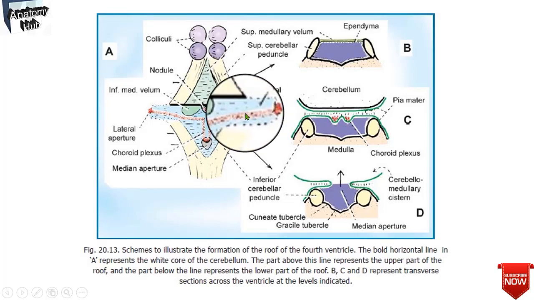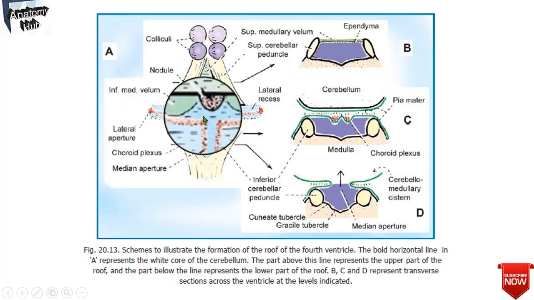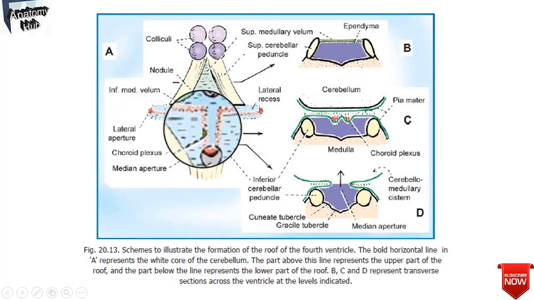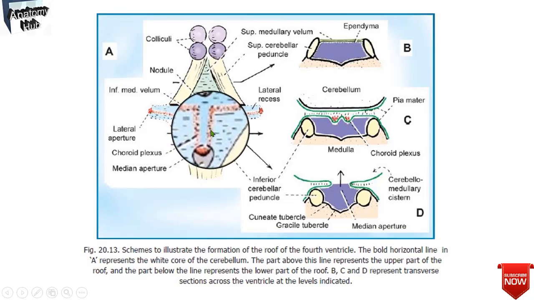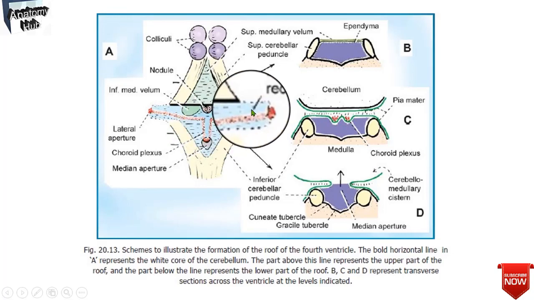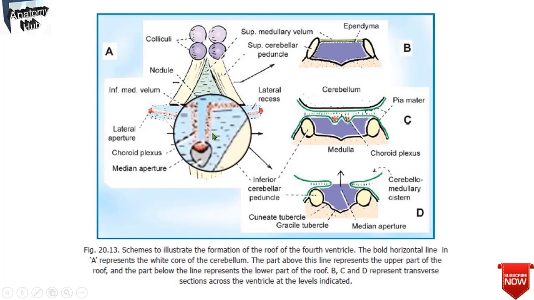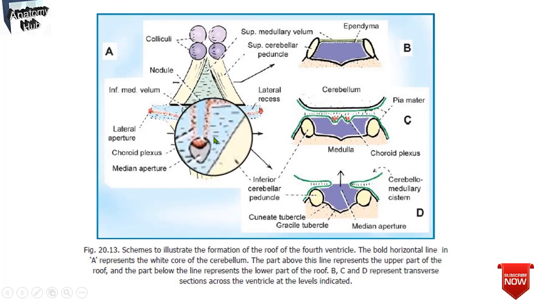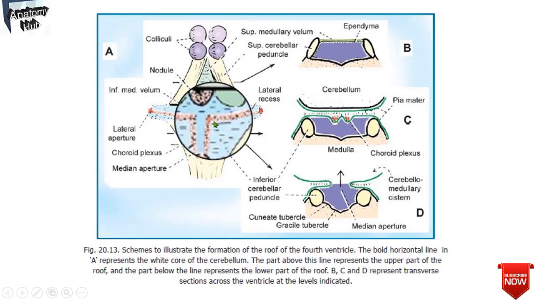Each plexus, right and left, consists of a vertical limb, that you can observe here, lying next to the midline, and a horizontal limb extending into the lateral recess. The vertical limbs of the two plexuses lie side by side, so that the whole structure looks like a T shape.